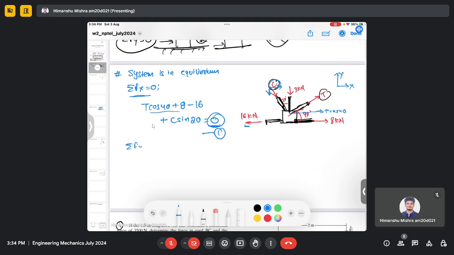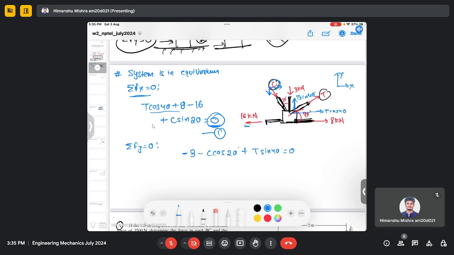And then we have a second equation where the summation of force in the y direction should be equal to 0, which means minus 3 minus C cos 20, and then plus T sine 40.